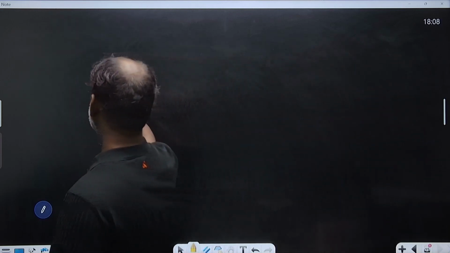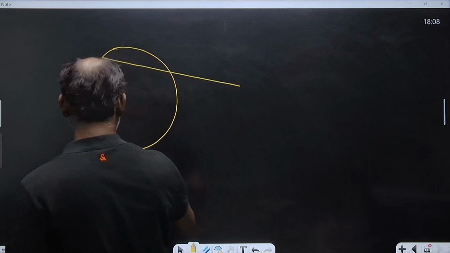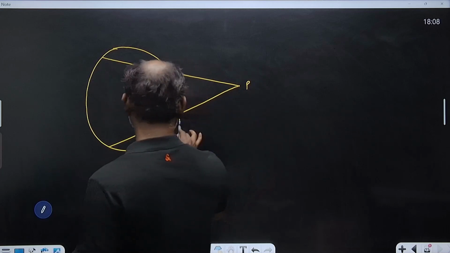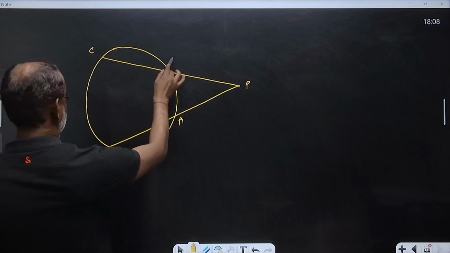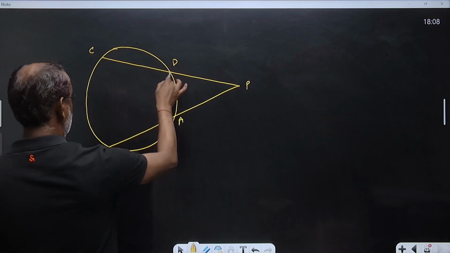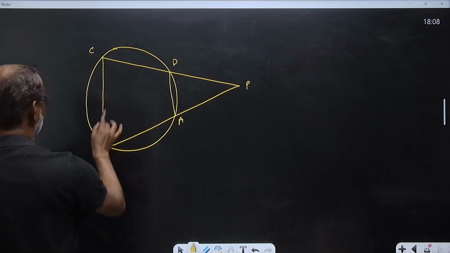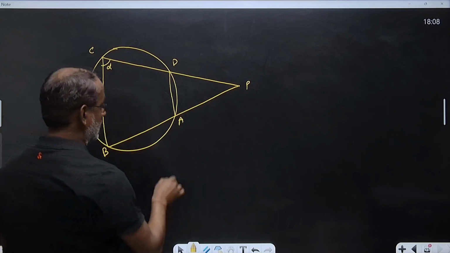Now, this point could very well have been outside. Okay, in that case, what do we do? See, the process everywhere is same. If this is alpha, okay, this angle is alpha.